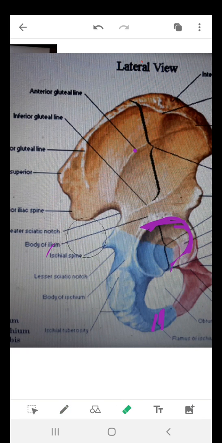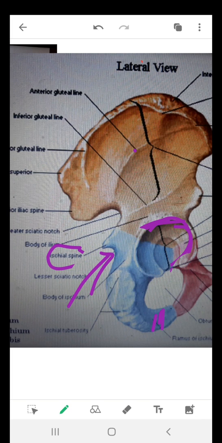We can also say that the ischial spine forms the upper margin of the lesser sciatic notch.